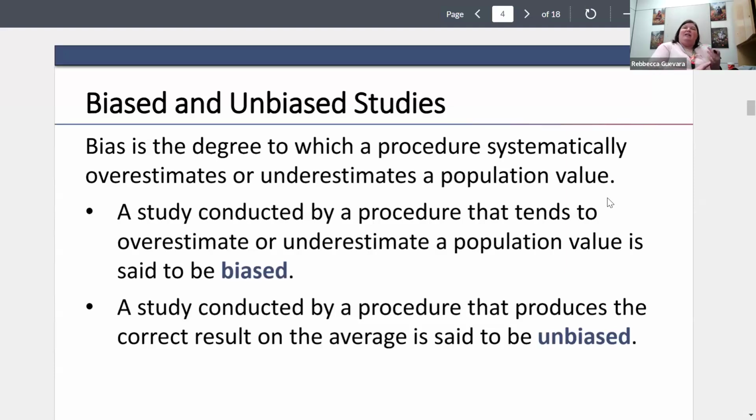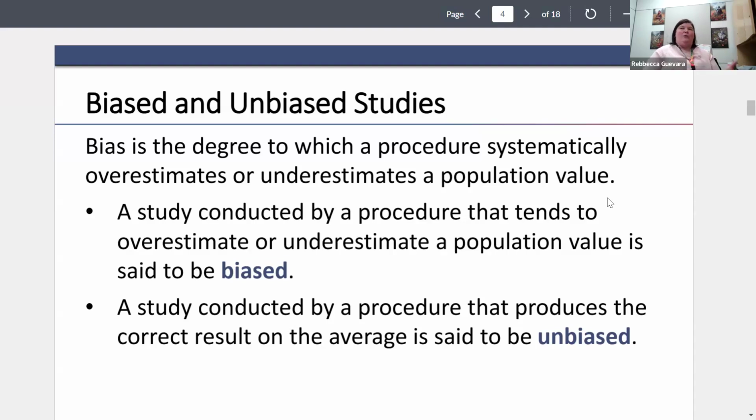So, biased and unbiased studies. Bias is the degree to which a procedure systematically overestimates or underestimates a population value. What we mean by this is, if I wanted to do a study on average body temperature, and I pick a large part of my population that might have hypothyroid, well, then what's going to happen is the hypothyroid is going to push the body temperatures, because usually you have a lower body temperature, it's going to say that the average body temperature is a little lower than it is.